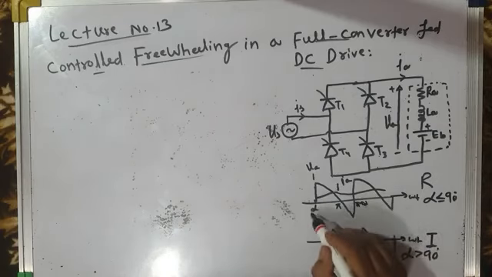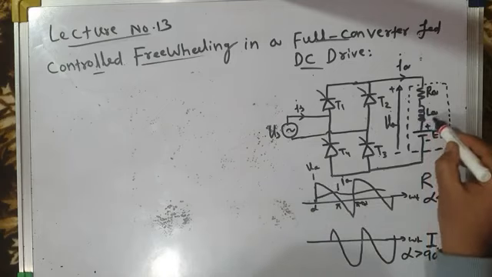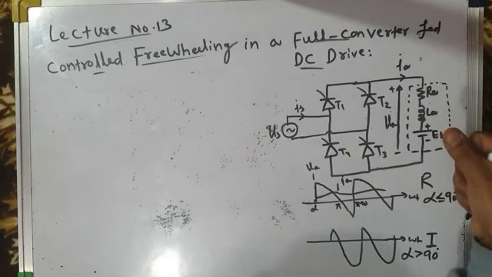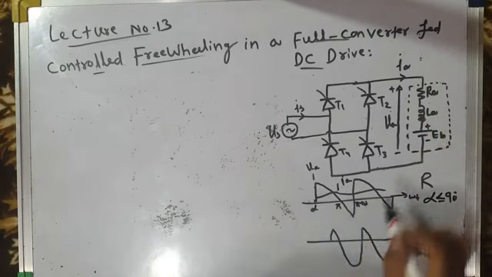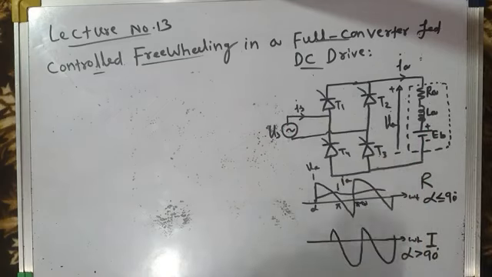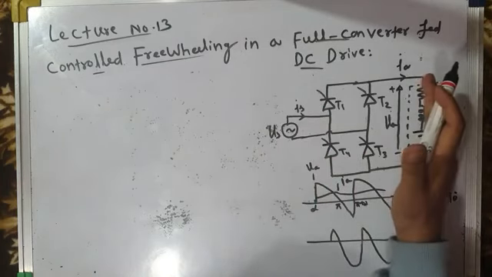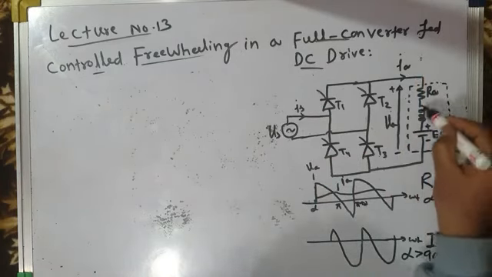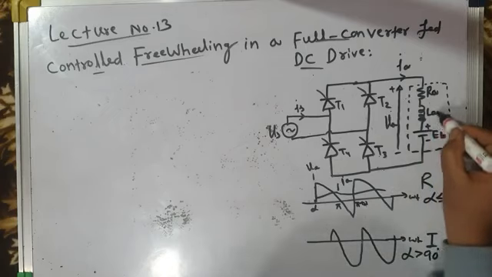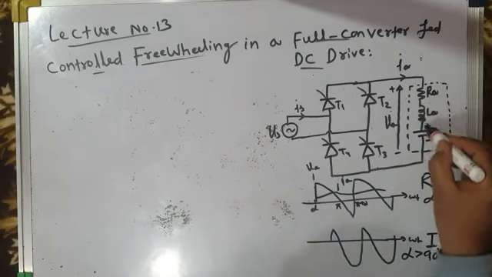During alpha to pi, the inductor stores a small energy, and from pi to pi plus alpha, it releases that energy, supplying it back to the source. I repeat, from alpha to pi, a small energy flows from source to load, which is stored in the inductance. I'm talking of the energy of the inductance only.